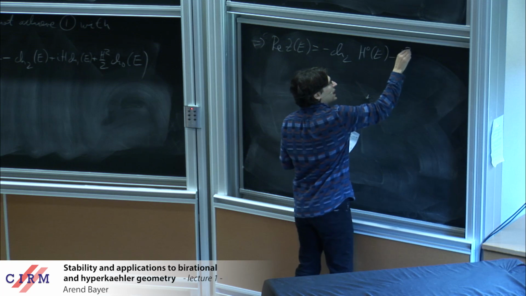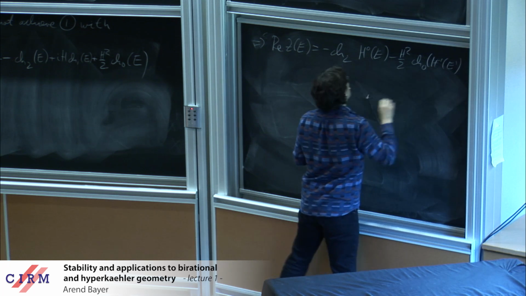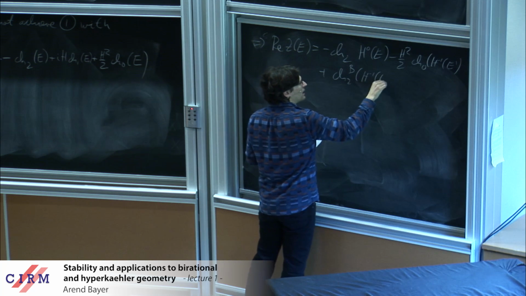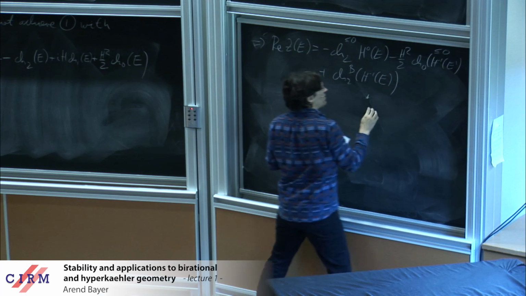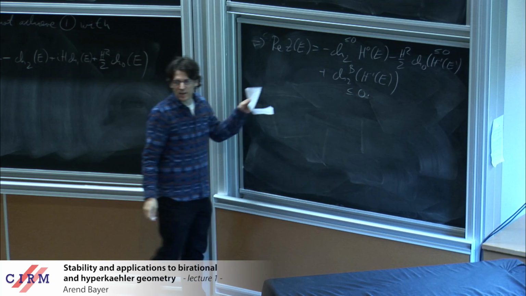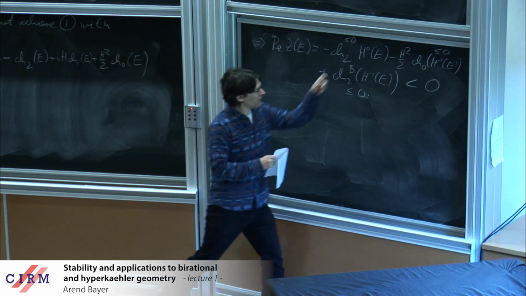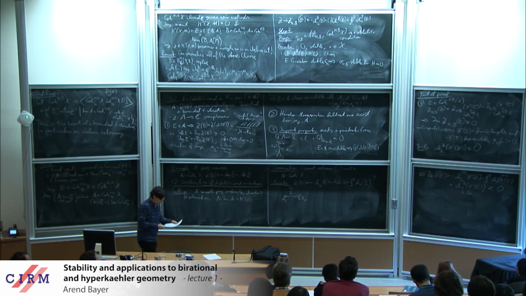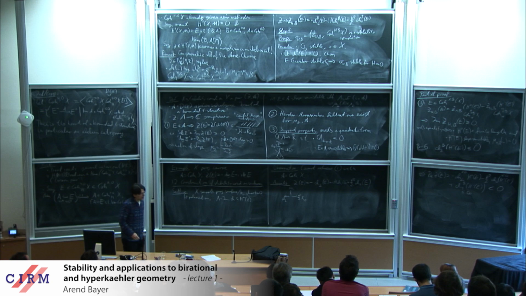This is then minus H squared over 2 times Chern 0 of H^{-1} of E, and then plus Chern 2^B of H^{-1} of E. Right, so this is less than or equal to 0, this is less than or equal to 0, and this is less than or equal to 0. And unless all of these objects are 0, one of these inequalities will be strict. So in other words, the construction of the stability condition relies directly on the Bogomolov-Gieseker inequality.